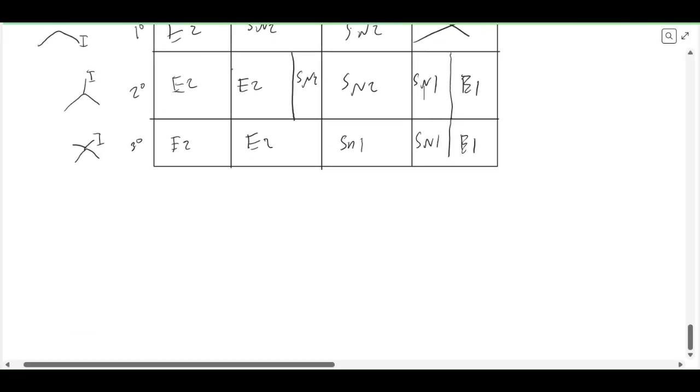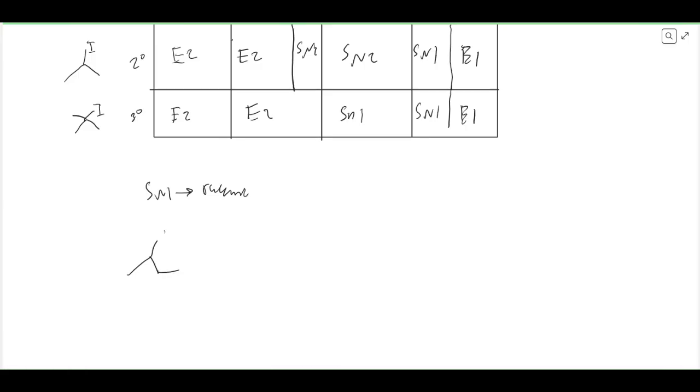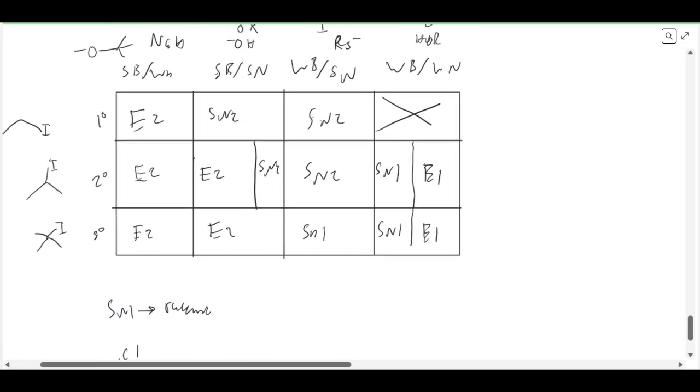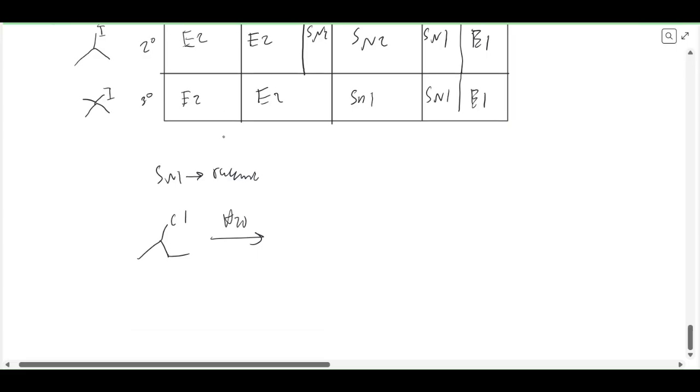And one thing I forgot to mention is that in an SN1 reaction, your solution is racemic. So in both scenarios, let's say you have a reaction that looks like this with H2O or something like that. In both instances, when we eliminate the chloride, you have a positive cation.